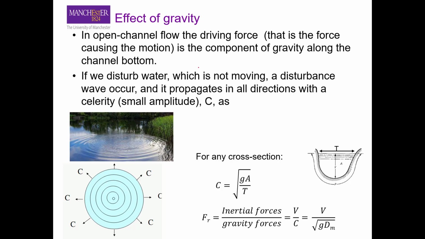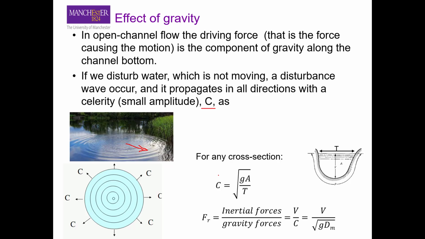And if you, for example, have an undisturbed fluid, or a fluid at rest, and you disturb it slightly, you will see a ripple effect. Okay, and this ripple, or this wave, moves slowly from the center point to the outer side. Okay, and the speed at which this wave moves is what we call celerity, and that is represented by c.